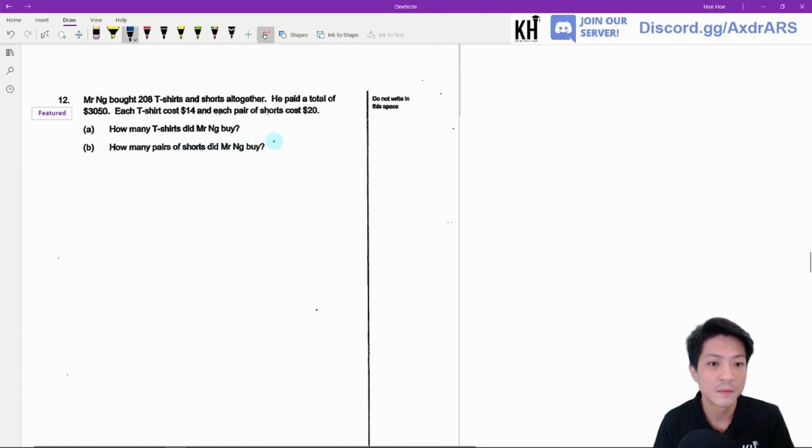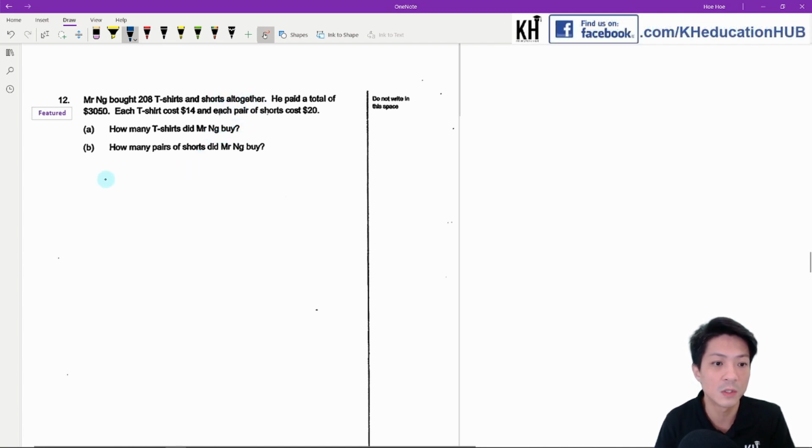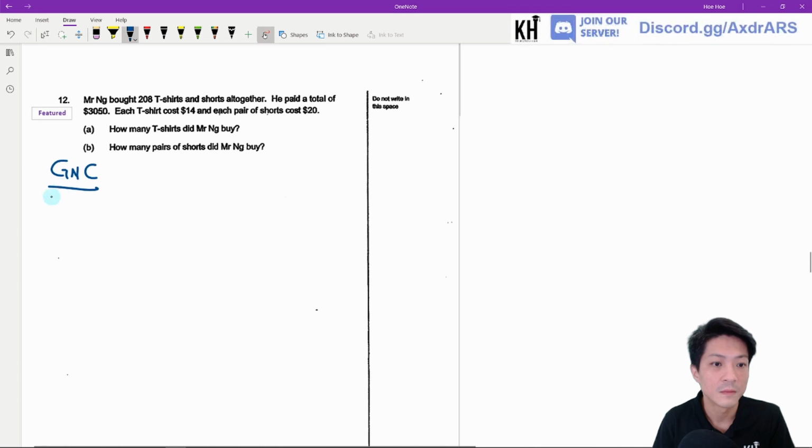Okay, so for this question, either you do the guess and check method or you do the supposition method. So I'm going to try and do the guess and check first. For guess and check, there's really no need to draw the table.